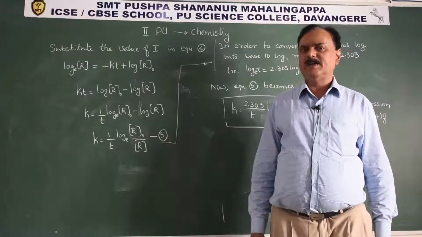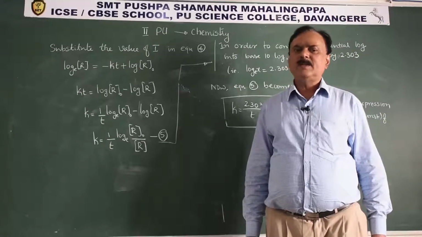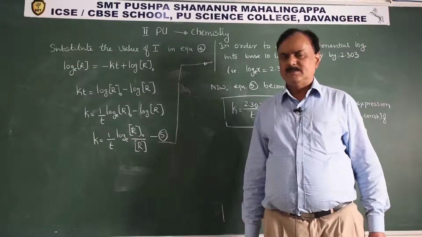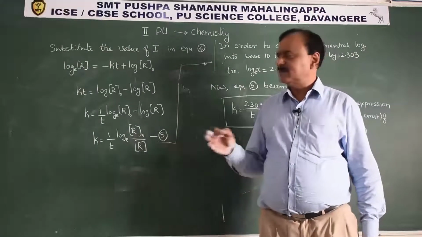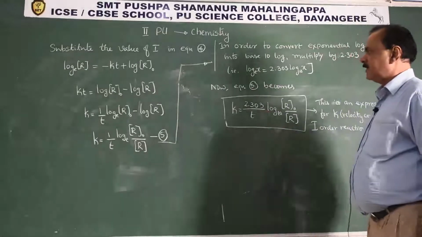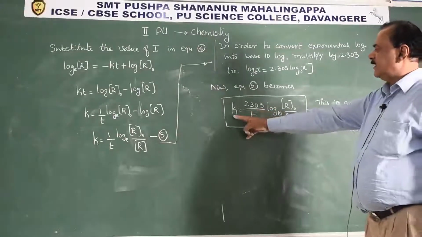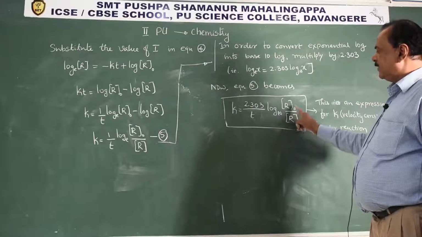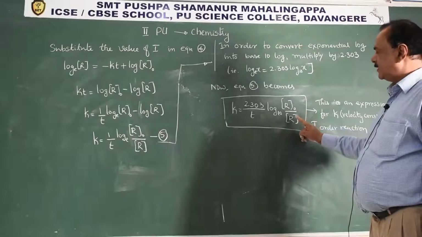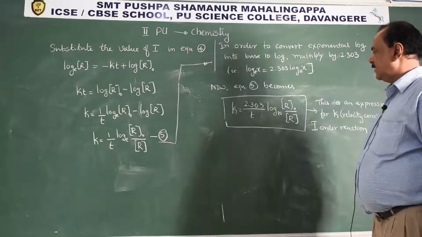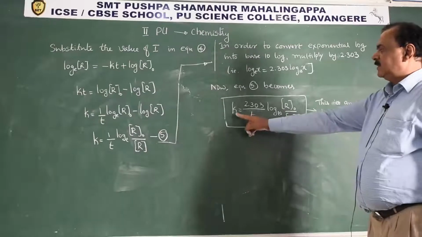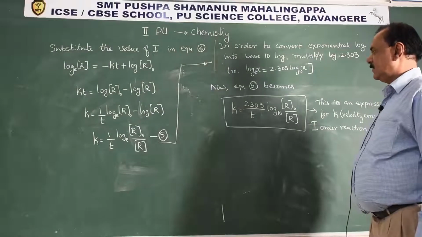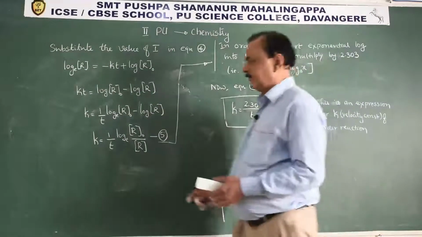By comparing equation 1 and equation 2, minus dR by dt is equal to k into R. Then based upon the sequence of integration in the mathematical derivation, k is equal to 2.303 by t log base 10 of R naught divided by R. R naught is the initial concentration of the reactant, R is the concentration of the reactant at an instant of time t, t is the time required to bring about the change, and k is the velocity constant of the first order chemical reaction.